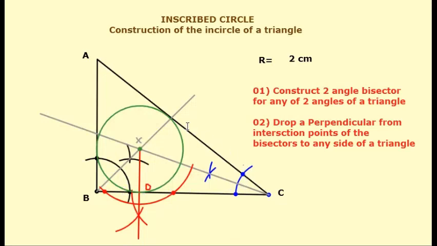You pick one side and drop a perpendicular like this. Then the distance between the intersection point and the point where the perpendicular meets the side, you take as the radius and draw a circle. This is how you draw the incircle of a triangle.